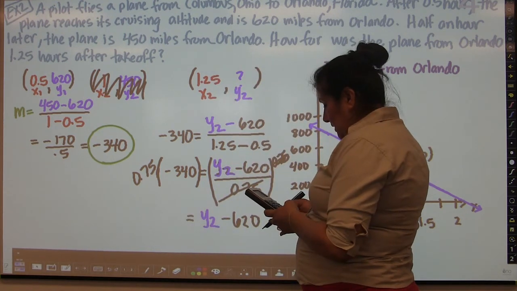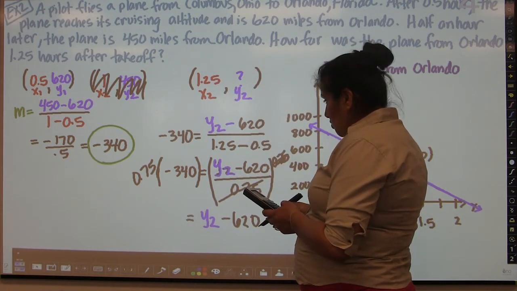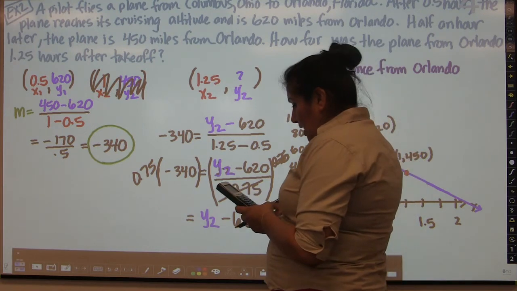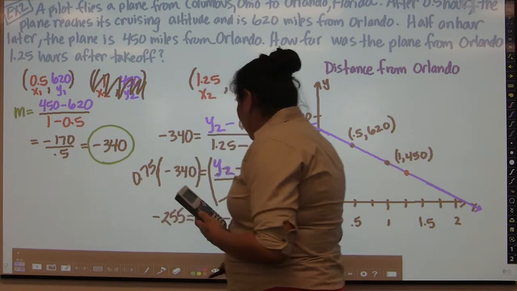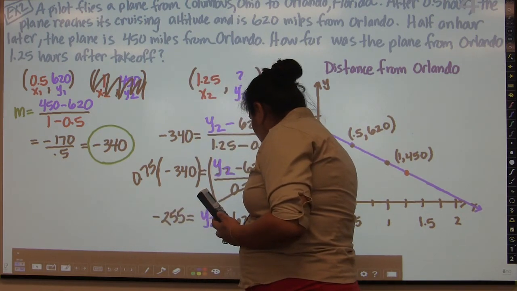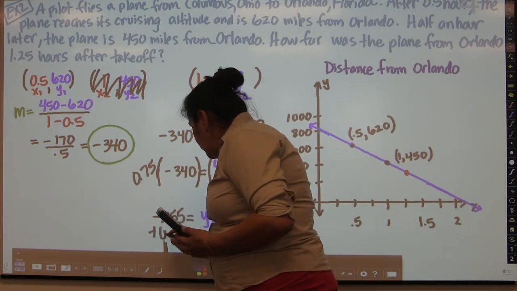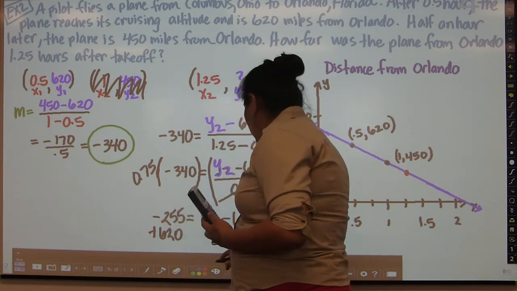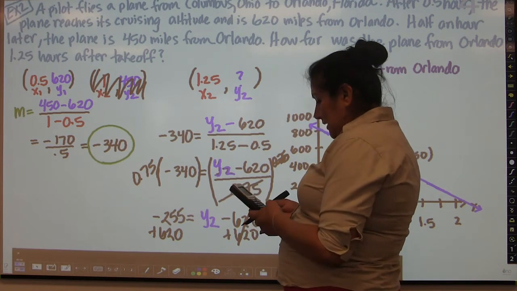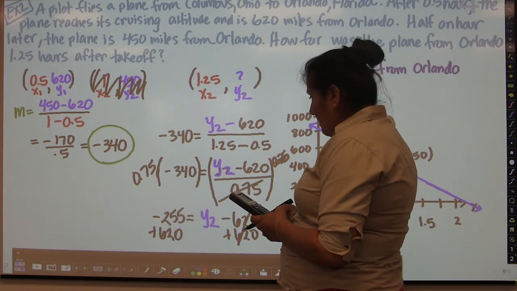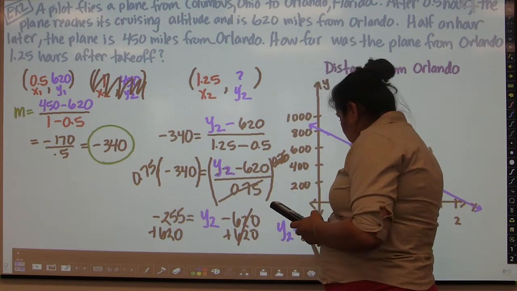And on the left, 0.75 multiplied by negative 340 gives negative 255. Our last step is to add the 620 to the other side so that we can get y2 by itself. So 620 minus 255 is 365.